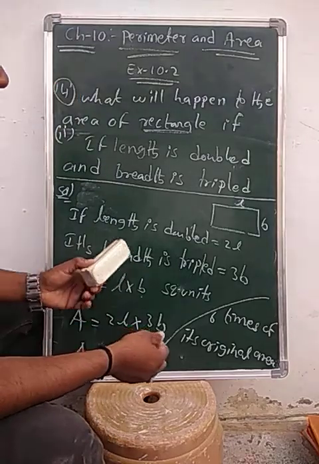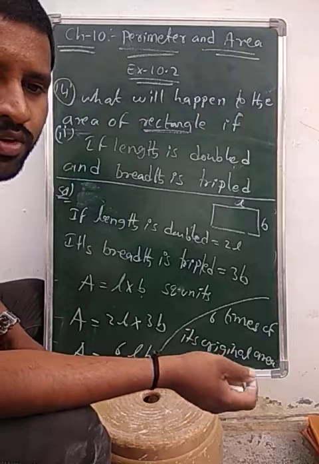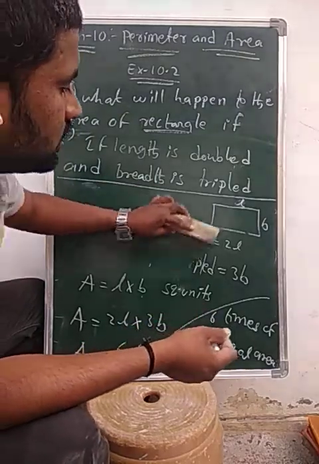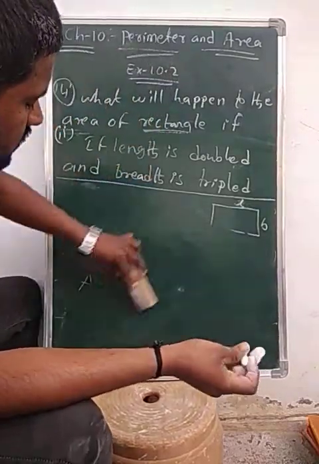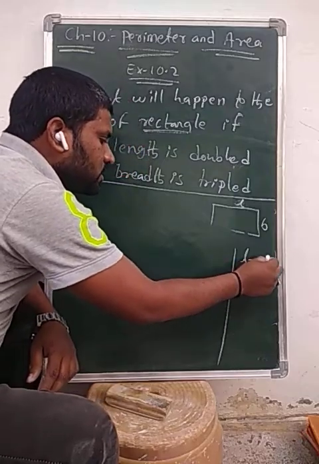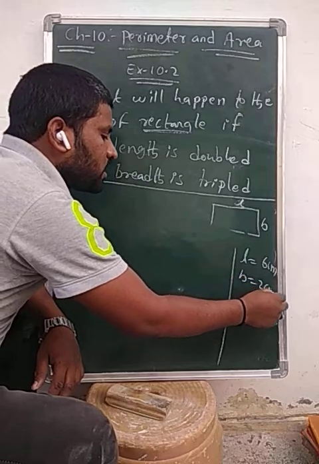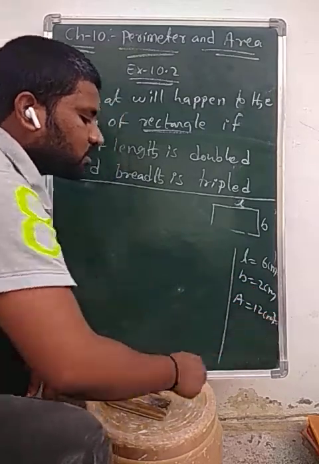So again I am going to explain this concept by taking an example. In the previous question we took length equal to 6 centimeter and breadth equal to 2 centimeter. We get area equal to 12 square centimeter.